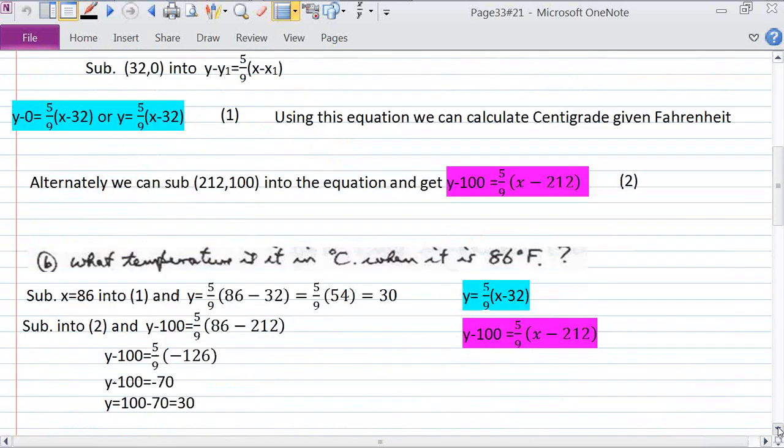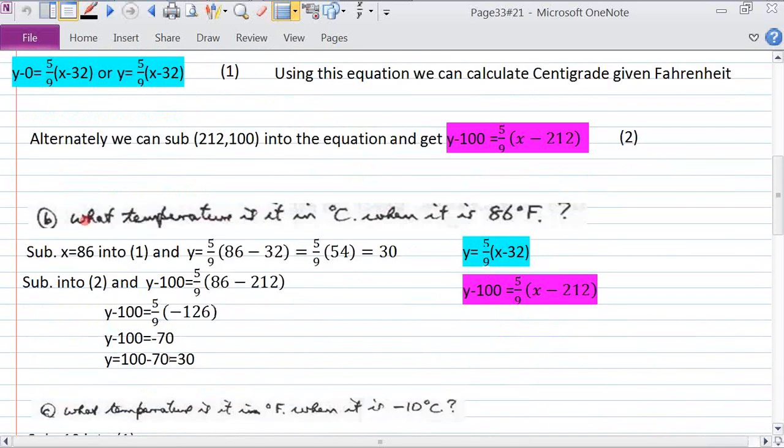We'll see that in part B, because in part B we're asked to calculate y, or the degrees centigrade, when it is 86 Fahrenheit. So we can plug this either into equation 1 right here, or we could plug it into equation 2.